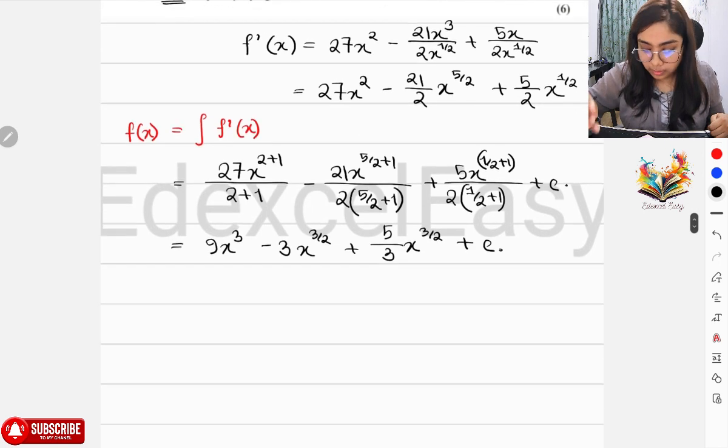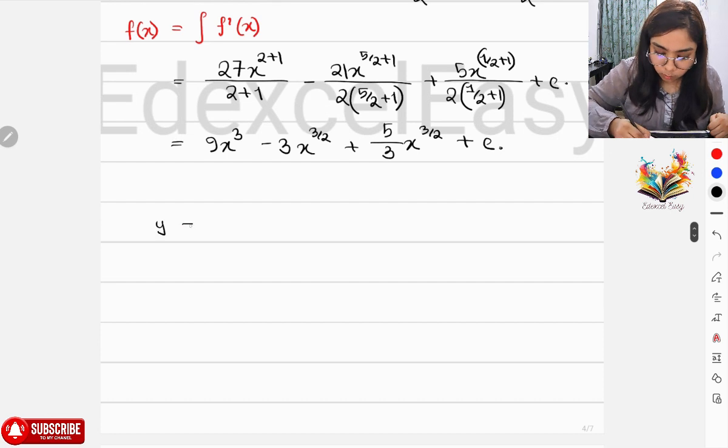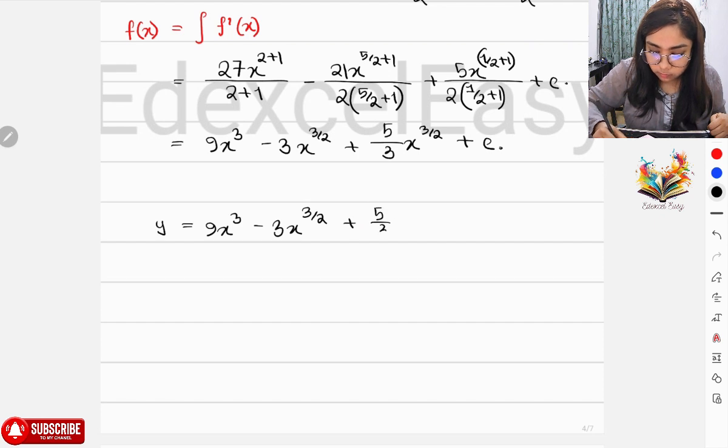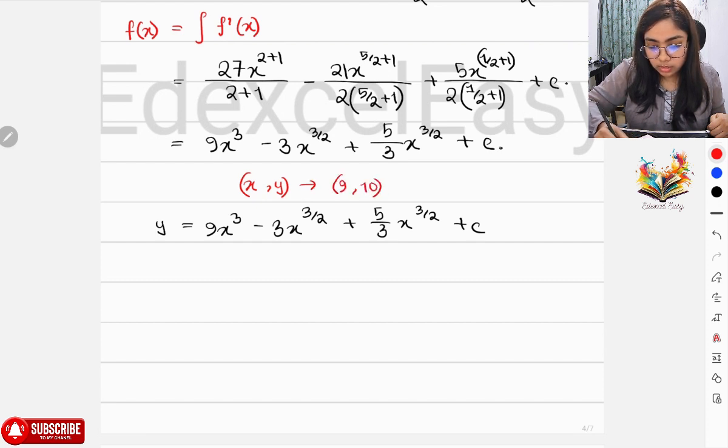So now in this equation, I'll write the equation for the last time in a proper way, that your y is equals to 9x to the power of 3 minus 3x to the power of 3 by 2 plus 5 by 3 x to the power of 3 by 2 plus c. Now whenever you get places for x and y, I will just substitute that with 9 and 10.